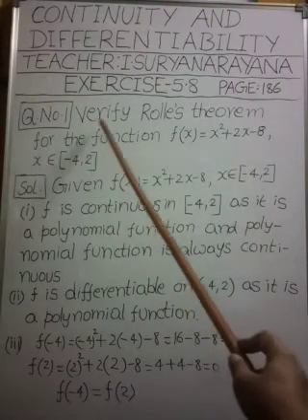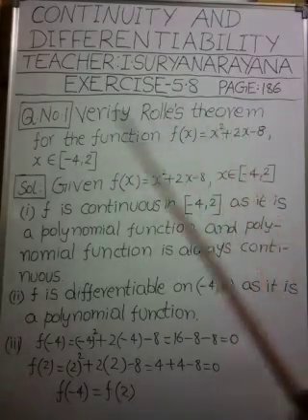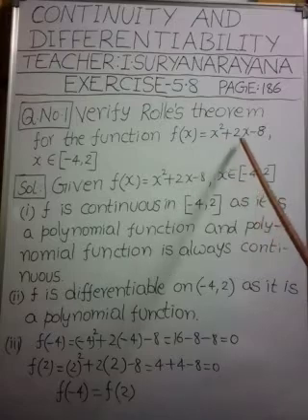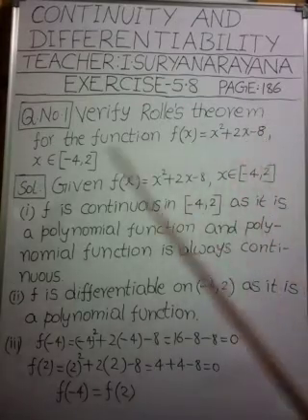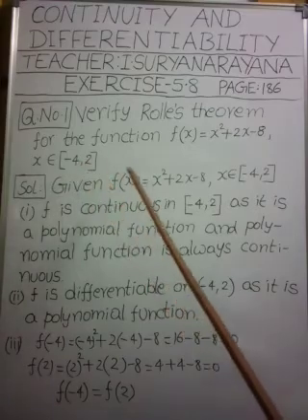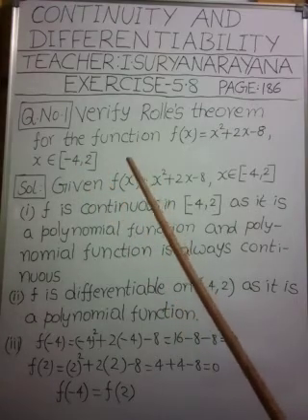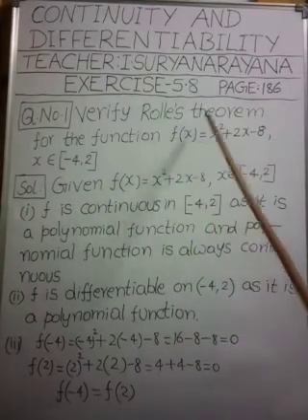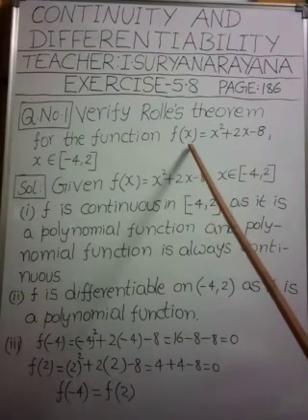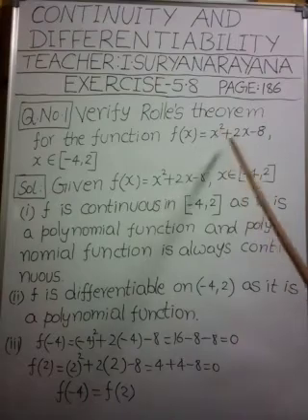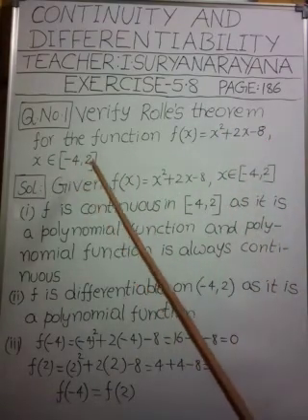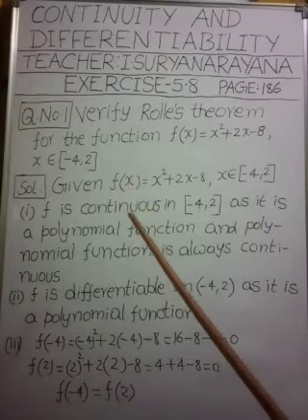Verify Rolle's theorem for the function f(x) = x² + 2x − 8, x belongs to the closed interval [−4, 2]. Understood the question? We have to verify Rolle's theorem for the given function f(x) = x² + 2x − 8, and the interval is [−4, 2].